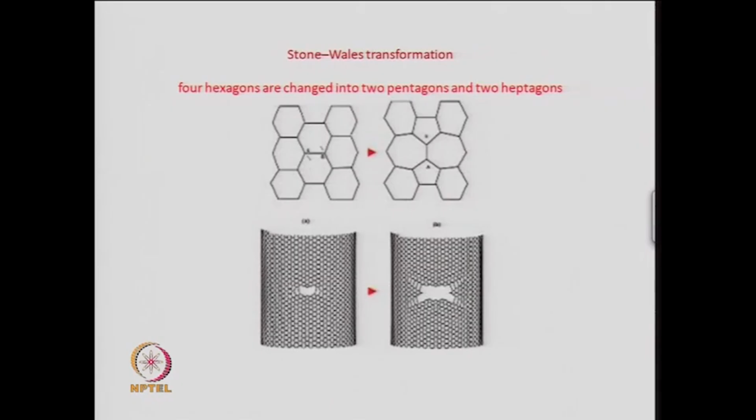Now, one of the defects which is very important in carbon nanotubes, or most carbon structures, is this: consider 4 hexagonal rings next to each other.